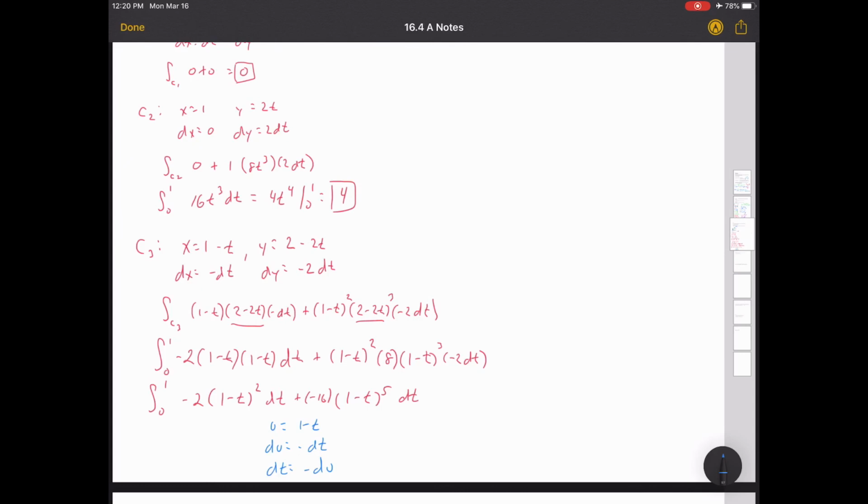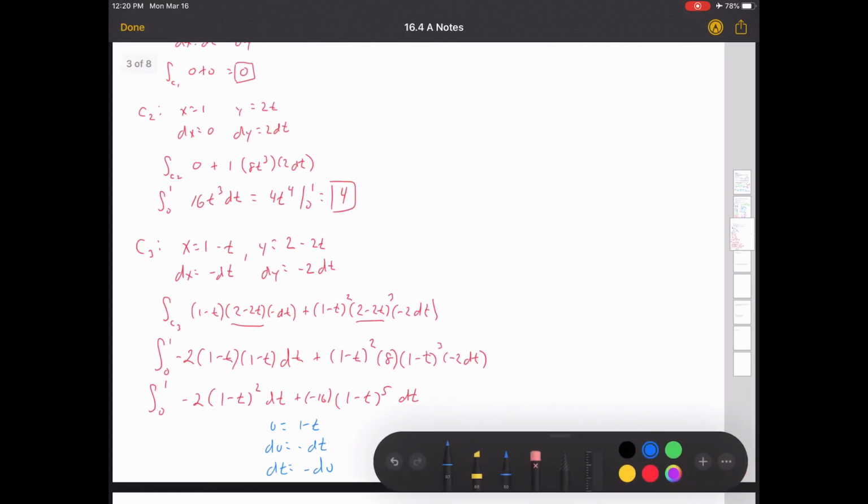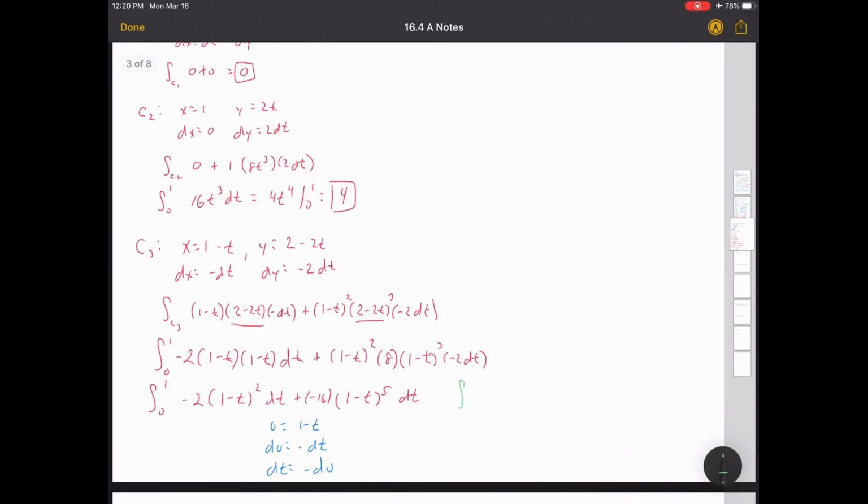We can change the bounds if we want to, but we don't have to. We can go back at the end. It doesn't really matter. Let's go back to green for this. So now we're going to have an integral of negative 2u squared minus 16u to the 5th.